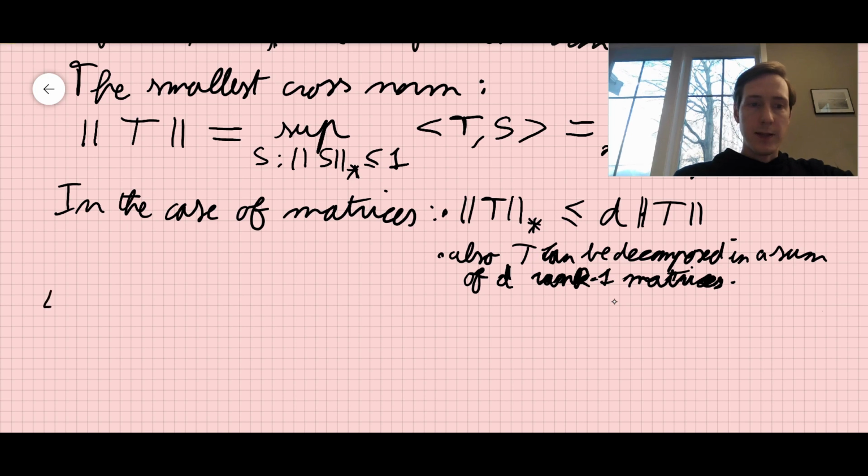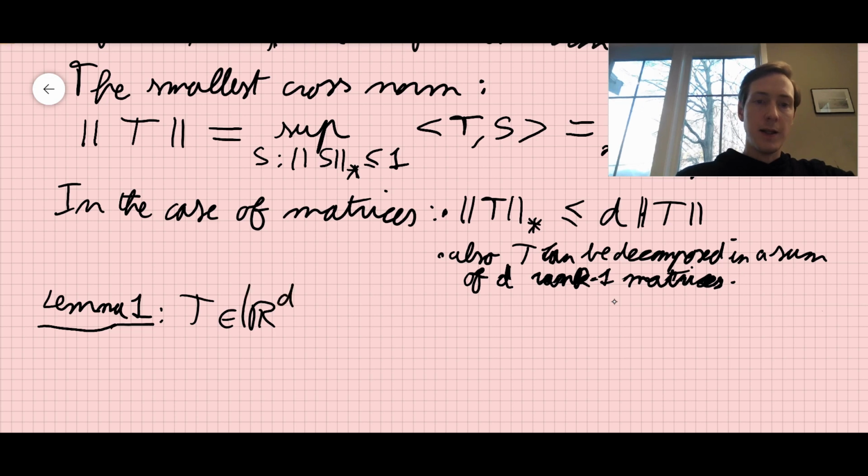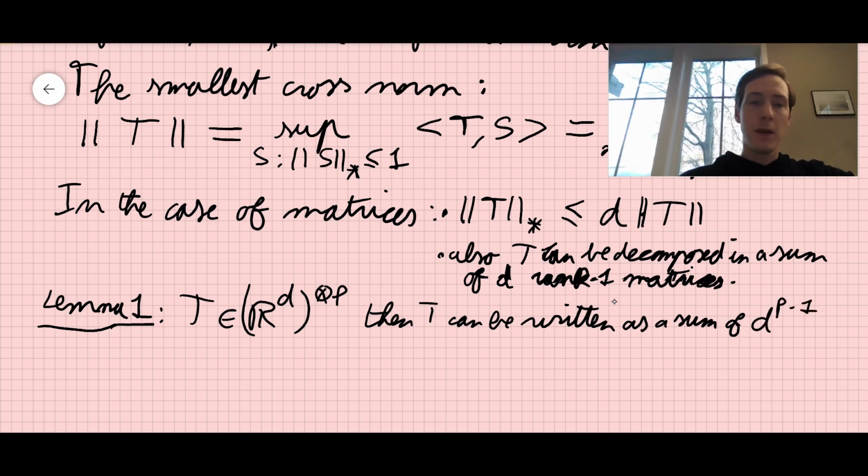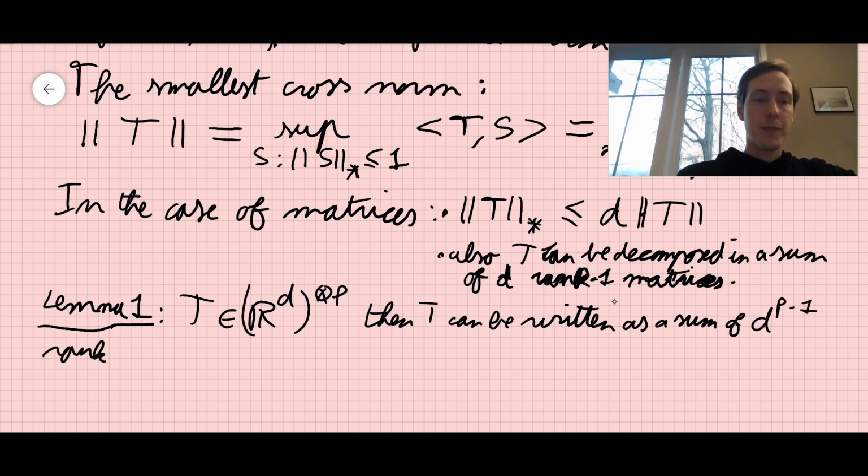Okay, so let's start with the second fact. Lemma 1: if T is an order P tensor, then T can be written as a sum of d to the P minus 1 rank 1 tensors.